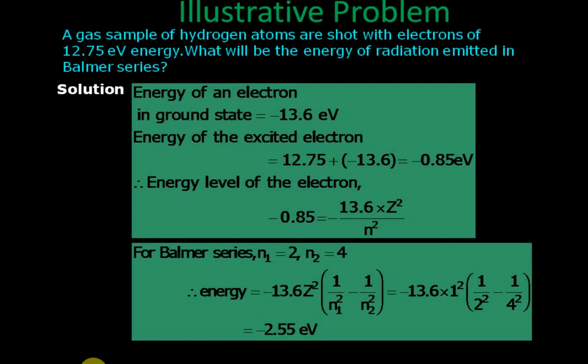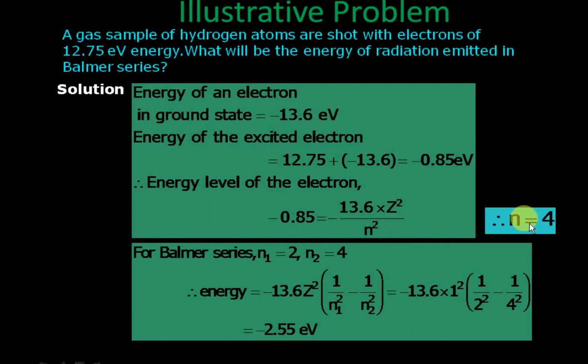Now for hydrogen atom, we know that E_n, that is the energy of electron in nth energy shell, is equal to minus 13.6 into Z square divided by n square. So here we have to find out n, and substituting the value Z equal to 1, n square comes out approximately 16, so n is equal to 4.